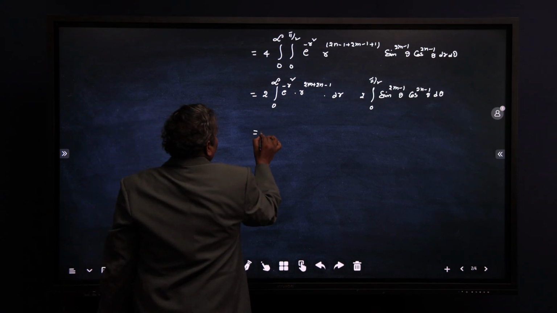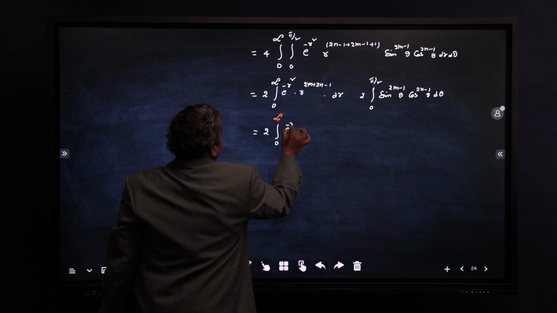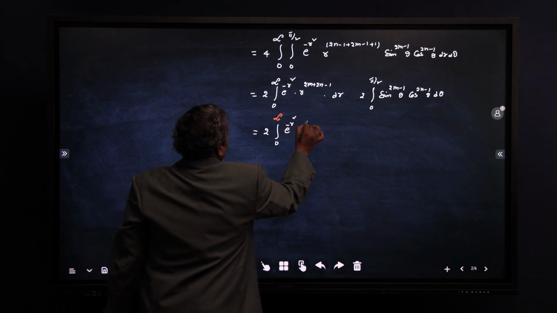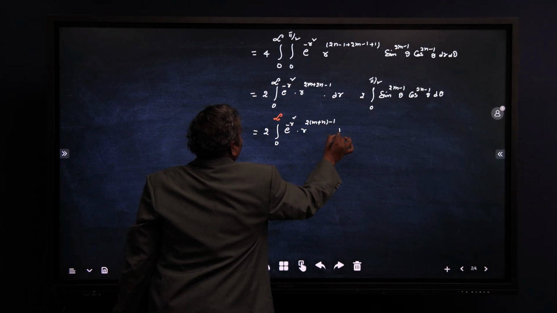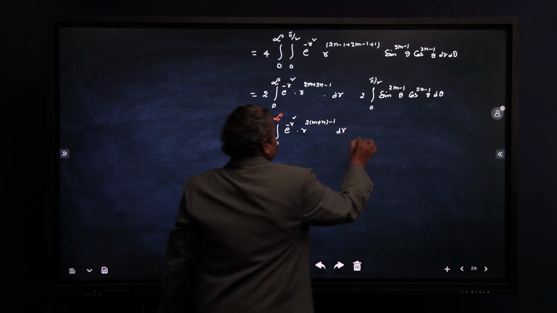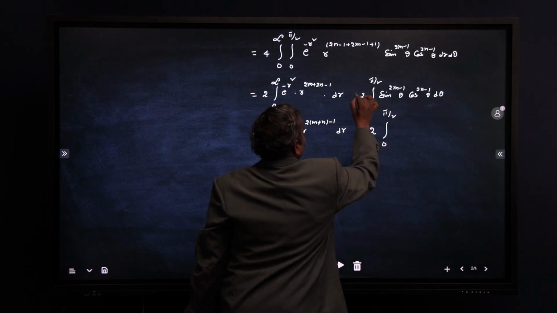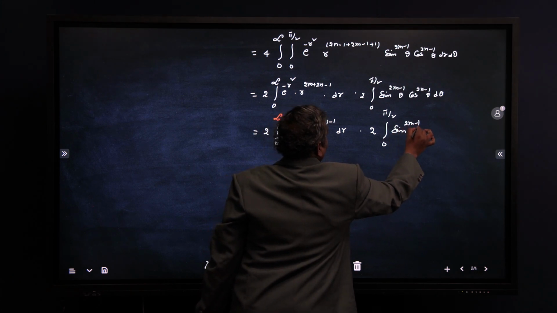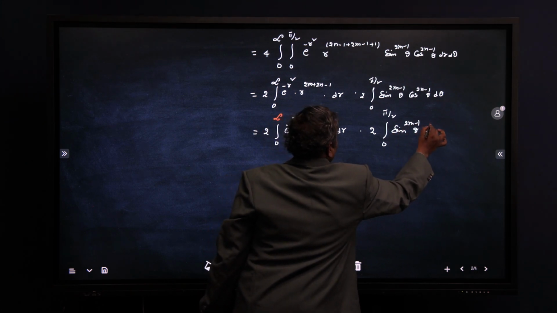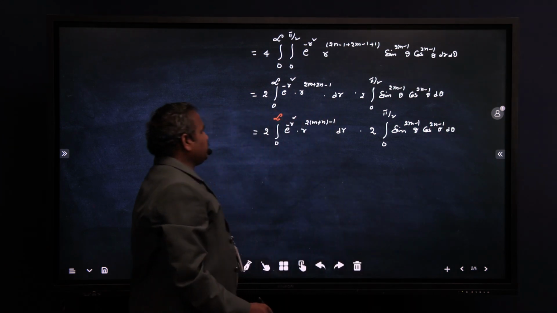Here I am rewriting this as integral 0 to infinity e power minus r square r power 2 into (m plus n) minus 1 dr, and I am writing this as it is: integral 0 to pi by 2 sin power 2m minus 1 theta cos power 2n minus 1 theta d theta.